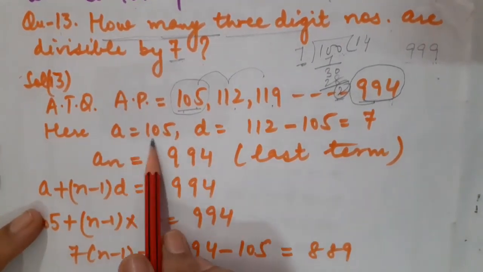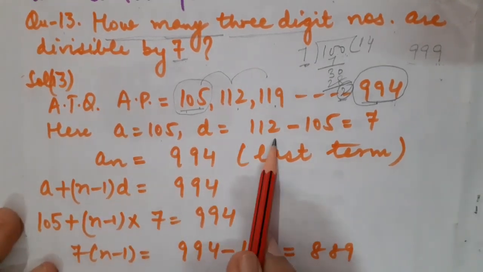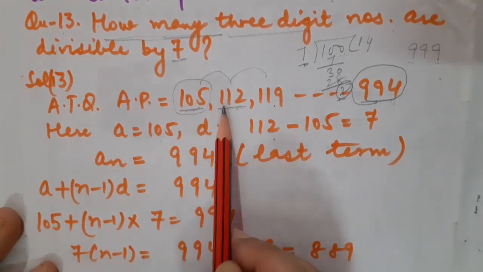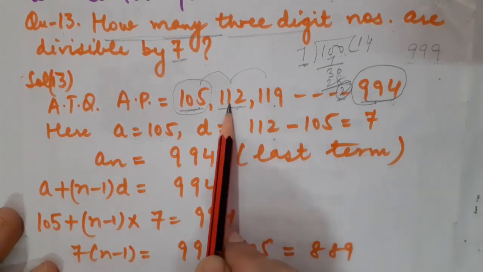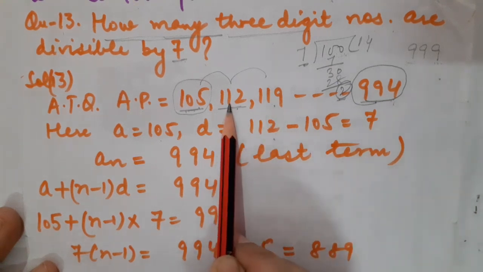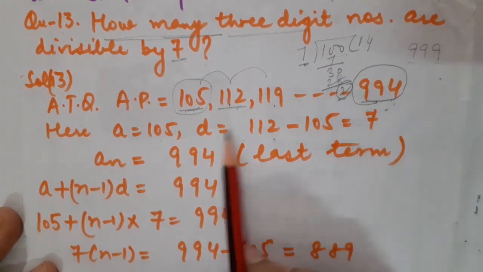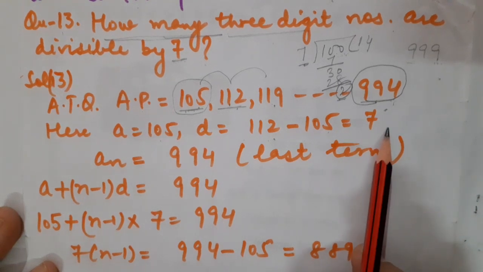So here a is 105 and the common difference is 7. How to calculate the common difference? Let us recall: succeeding term minus preceding term, that is a2 minus a1. You can take a3 minus a2 also, and you will get the same common difference because the list of numbers is forming an AP. So d is equal to 112 minus 105, which is 7.